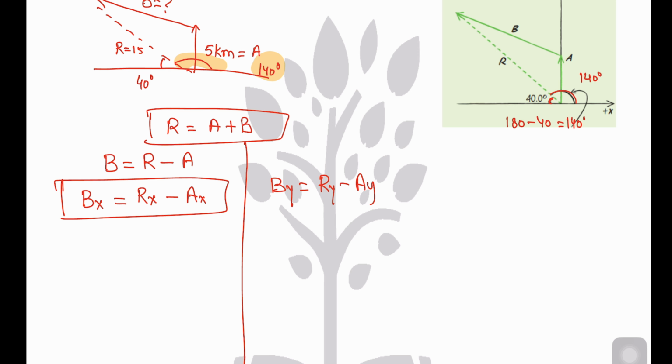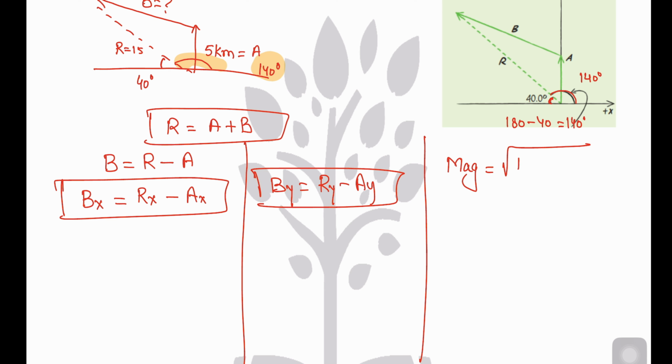So solve Bx, solve By, then we will find the magnitude, which is root of Bx square plus By square. And for direction, I give you the equation: theta equals tan inverse of By over Bx. These are the things we need to find. What is the value of Rx?